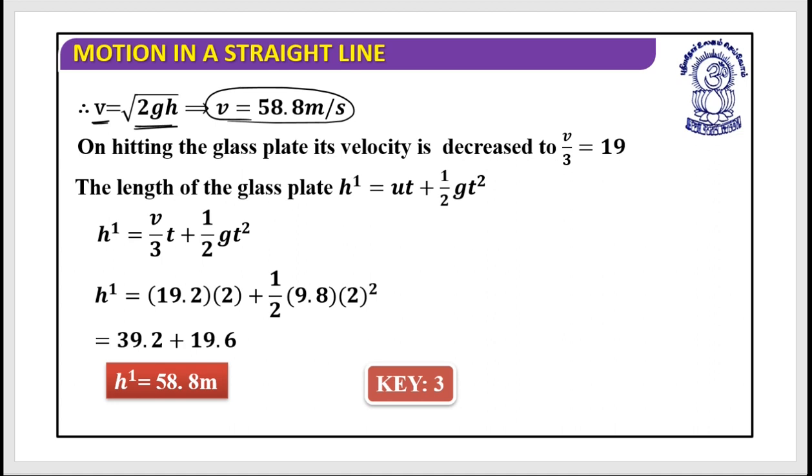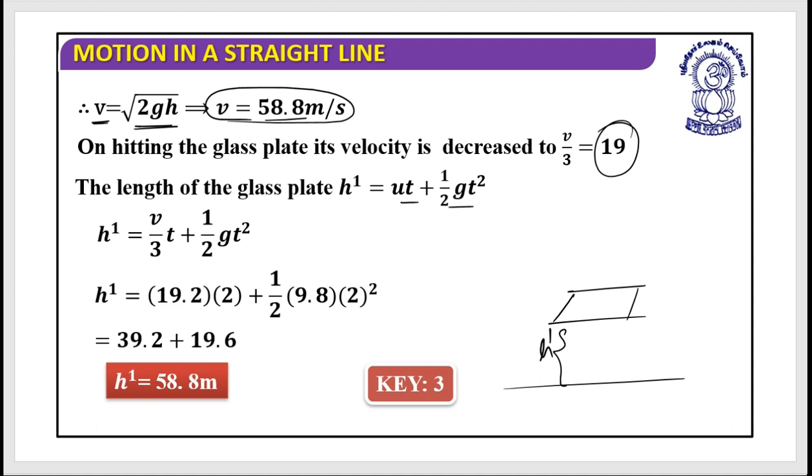Now I know that on hitting the glass plate, my velocity would decrease to one-third only. So it would be 58.8 divided by 3, approximately 19 meter per second. Now what I require is this distance, let's say this is h dash, the height of the glass plate from the ground.